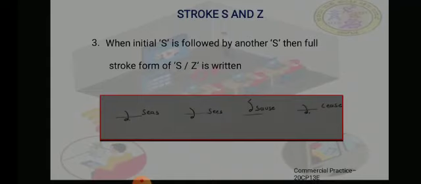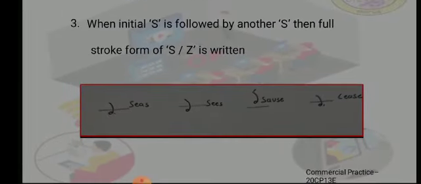In that case, you have to write a full form of stroke S for that particular word, followed by a circle S. See, for example, there's a word called cease. So you have the sound of two S in that, cease. So you have to write stroke S. Look at the rule. It says when initial S is followed by another S.